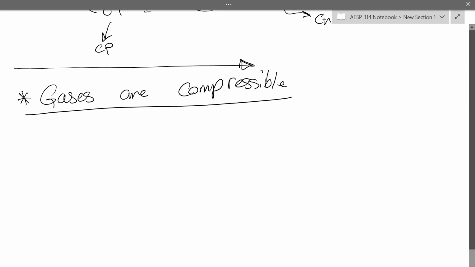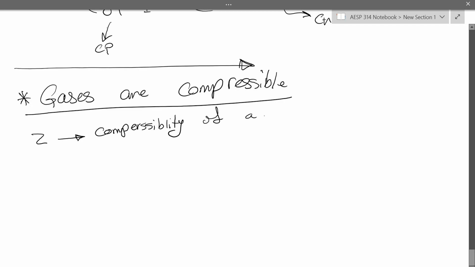The first thing we need to introduce here is the compressibility of a gas, or Z factor. I always have trouble with spelling this one.